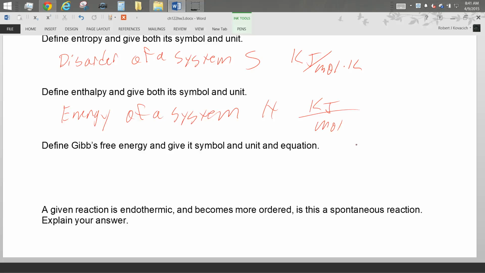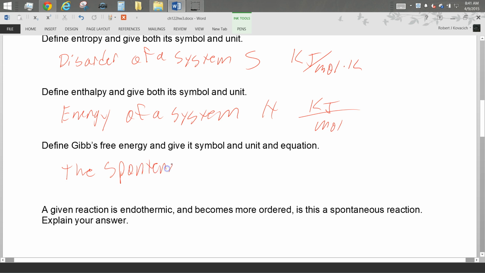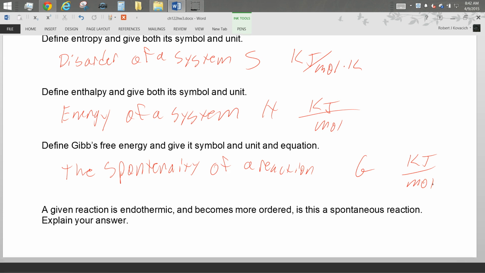It's the spontaneity of a reaction. It's G, and it's also kilojoules per mole. So when we say spontaneity of a reaction, we mean, is the reaction going to happen by itself, or do you need to put energy into the reaction to get it to happen?